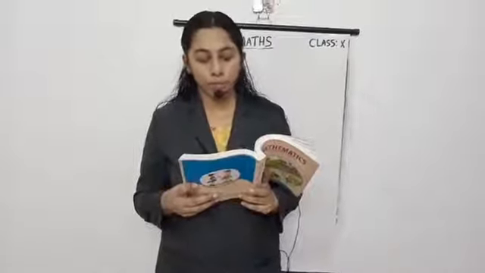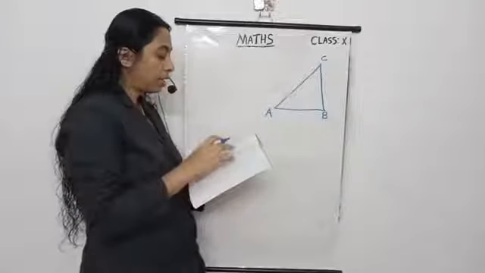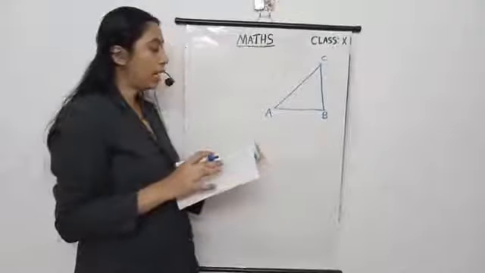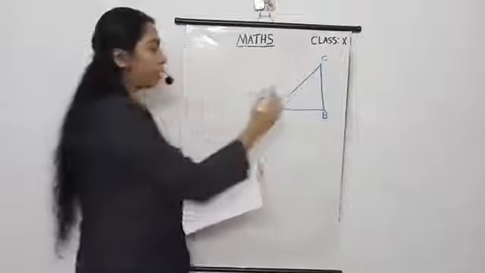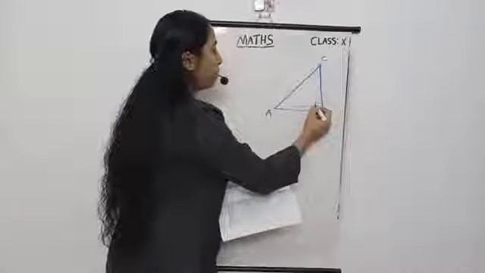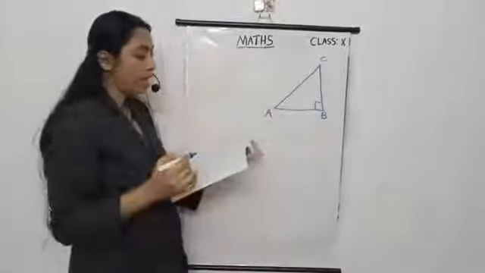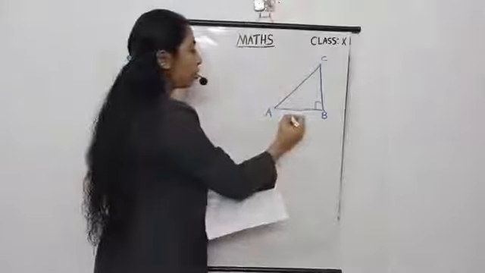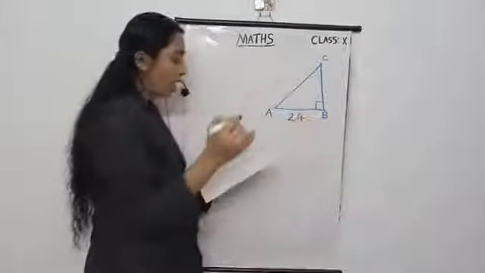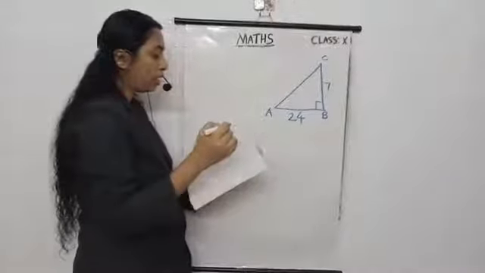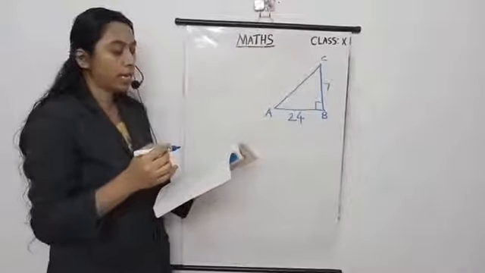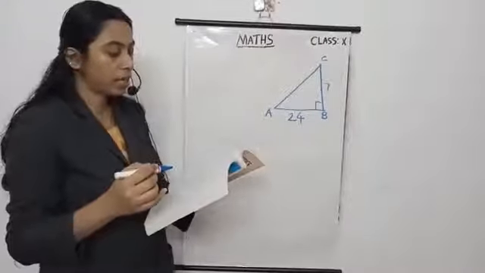Determine sin A, cos A and sin C, cos C. So, according to the question, triangle ABC is right angled at B. That means angle B is a right angle, AB equals 24 centimeter and BC equals 7 centimeter. We need to find sin A, cos A, sin C, cos C.